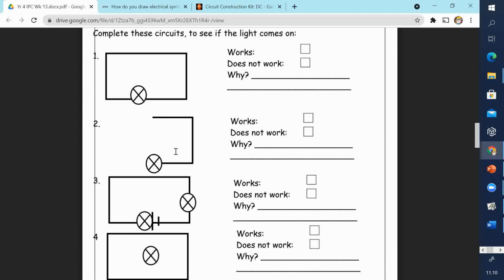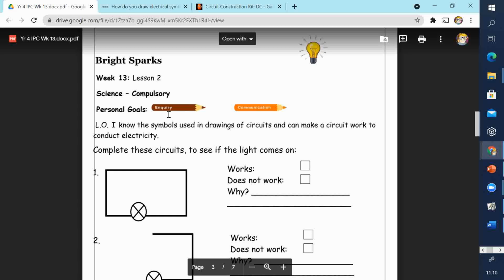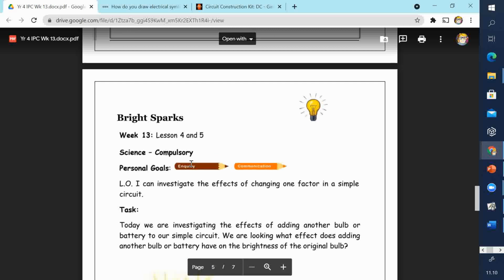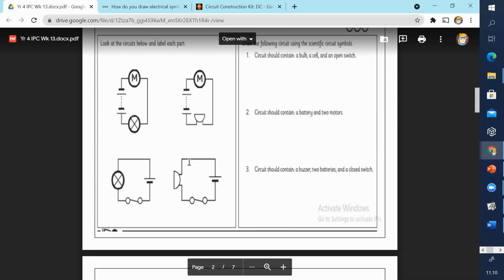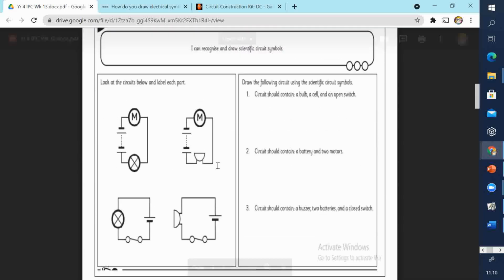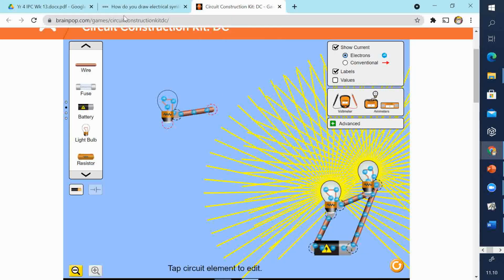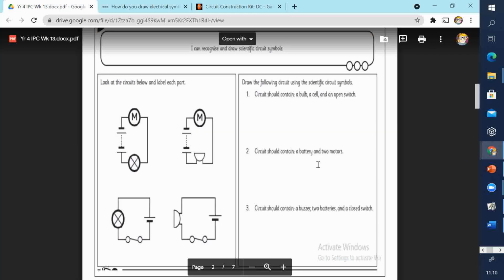Is it this one that you're looking at? This one? Yeah, because that's lesson 2. We'll do that tomorrow. Okay, there's a few sheets here. Yeah, but we're starting near the top with this one. Okay, but don't worry, because I'll send you the link, and then you can either draw it out on a sheet, or do this and take a picture. Yeah, it's up to you.